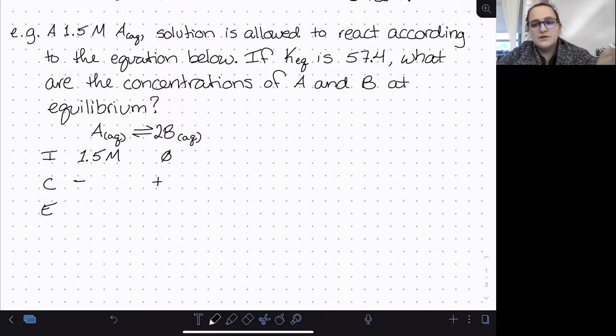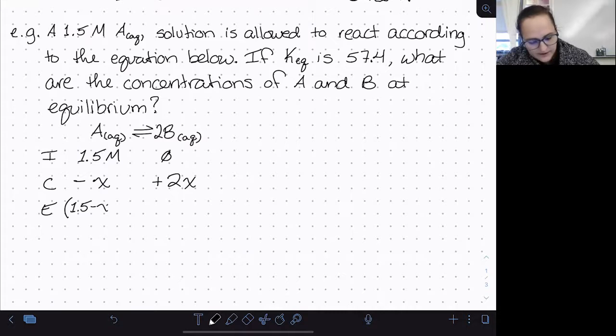So our product concentration is going to increase, our reactant concentration is going to decrease. 1 mole of A reacts to form 2 moles of B. So for every X molarity of A that we consume, 2X molar B will be produced. So at equilibrium, if we started with 1.5 and we used up X, we will have 1.5 minus X remaining. For B, we started with nothing and we created 2X. So we will have 2X molar when we reach equilibrium.